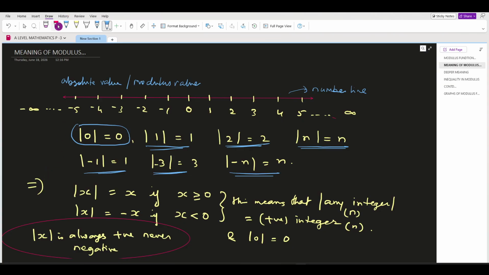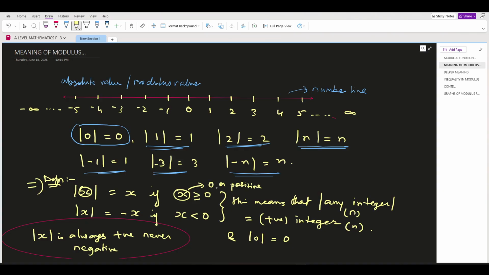By definition, the absolute value definition is this: absolute value of x, that is x placed between two parallel lines. This is read as absolute value of x. So absolute value of x is equal to x if x is greater than or equal to 0. The x placed between the two parallel lines being greater than or equal to 0 means either 0 or any positive integer.